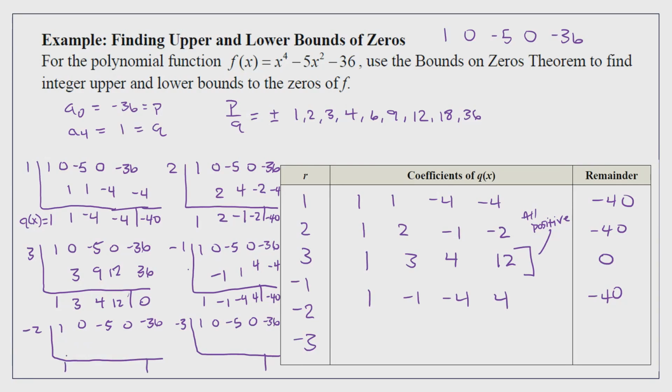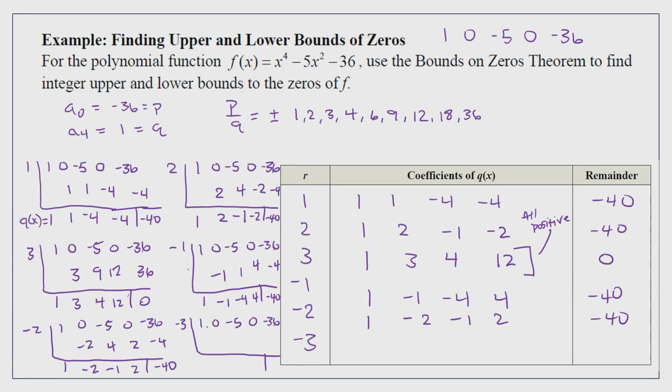So 1, multiply, add, multiply, add, multiply, add, multiply, add. So that one, -2, is not our lower bound. Remember, for the lower bound, all the signs in the bottom row alternate with no zeros. So they alternate signs.